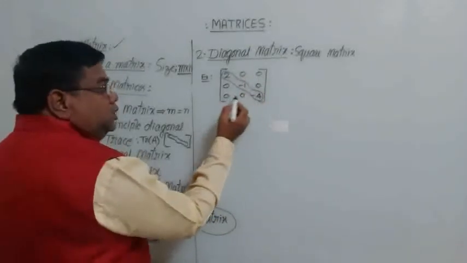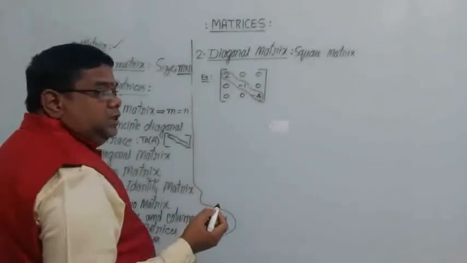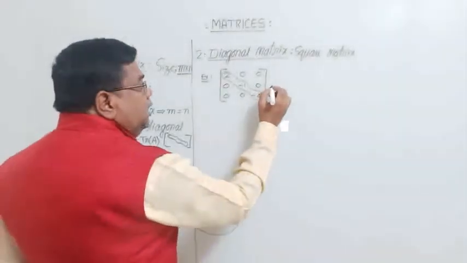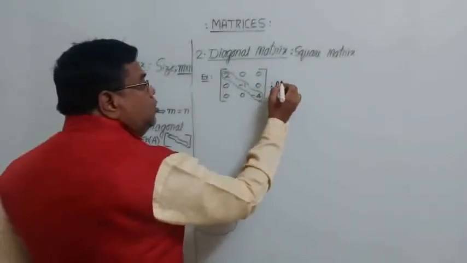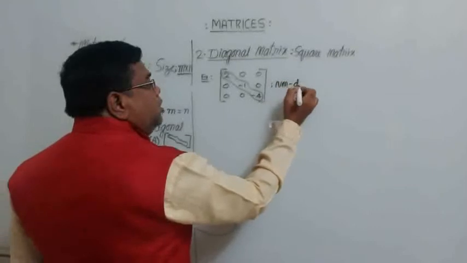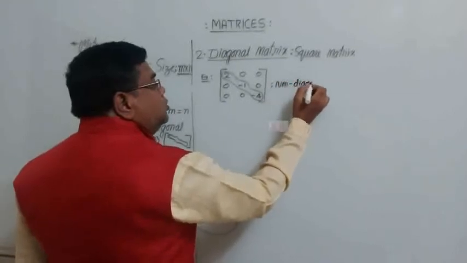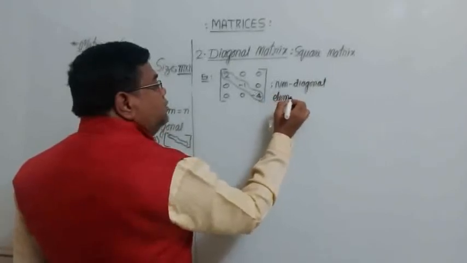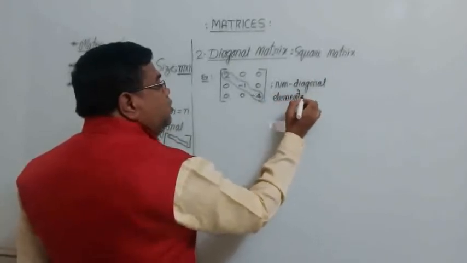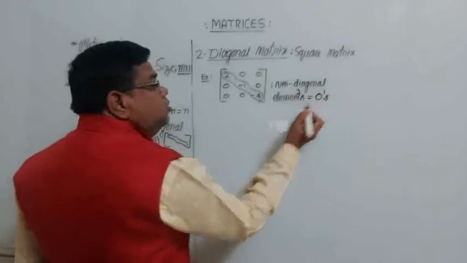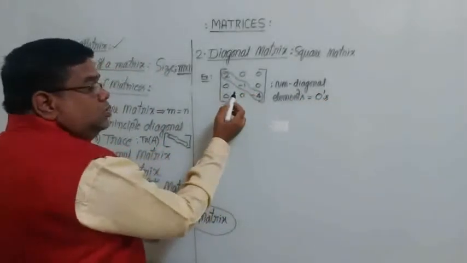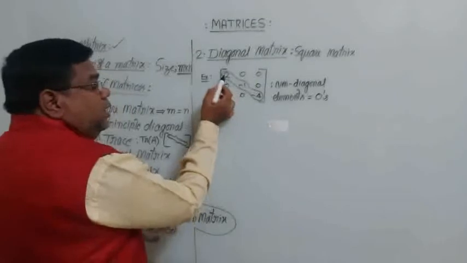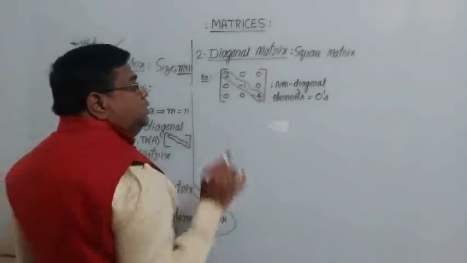Non-diagonal elements are zeros. What is the condition here? Non-diagonal elements equal to zeros and the principal diagonal has some elements, that is called the diagonal matrix.